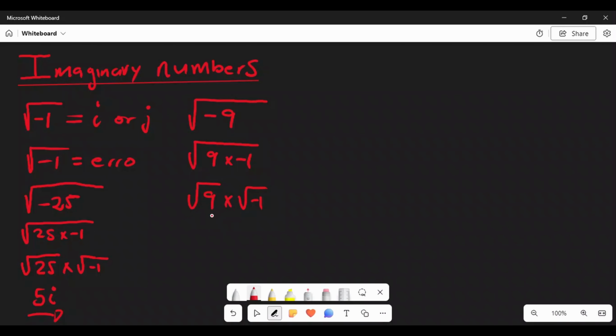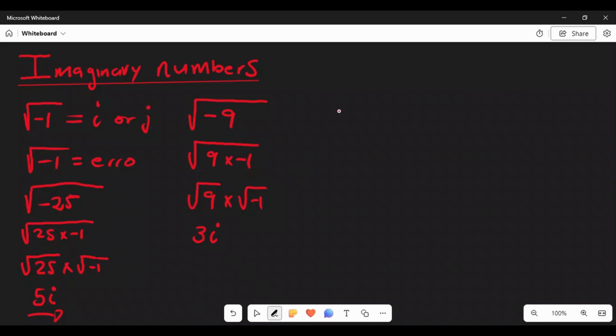So what is the square root of 9? This is going to give us 3. And then what is the square root of negative 1? We know that this is equal to i, because we have already established that the square root of negative 1 is i, right, or j. But remember, I'm going to use i here for imaginary number.